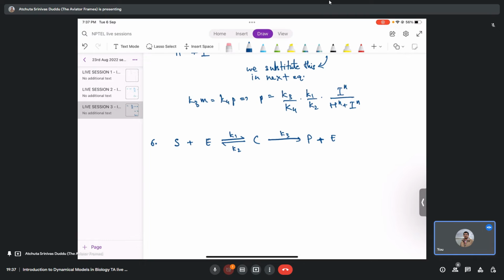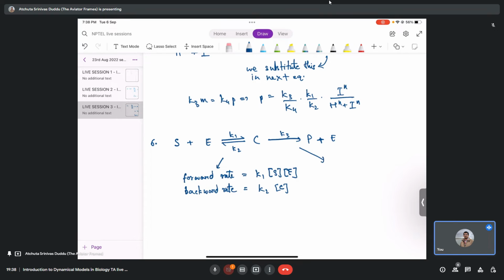So let's first write down the forward and backward rate for the first part here. So here the forward rate would be k1 times s times e, right? And the backward rate would be k2 times c.